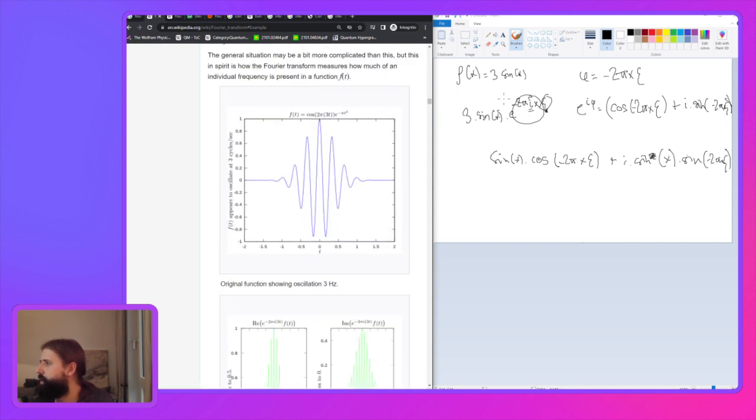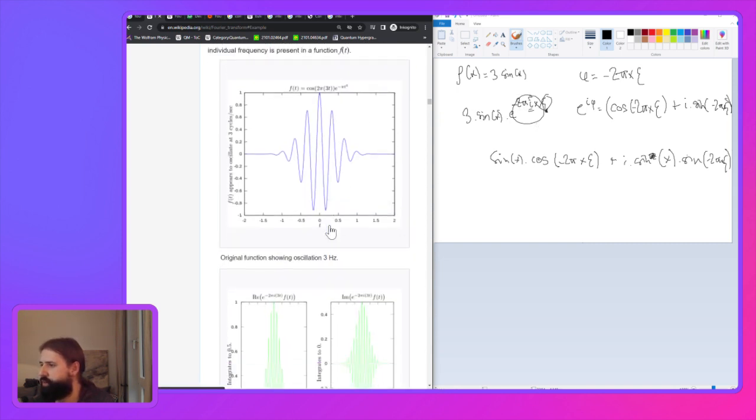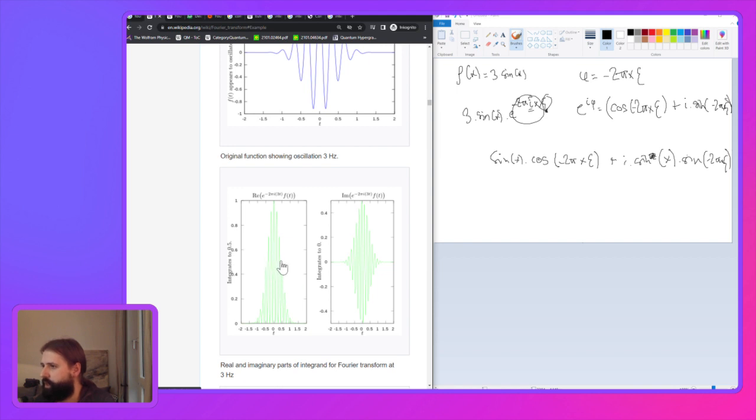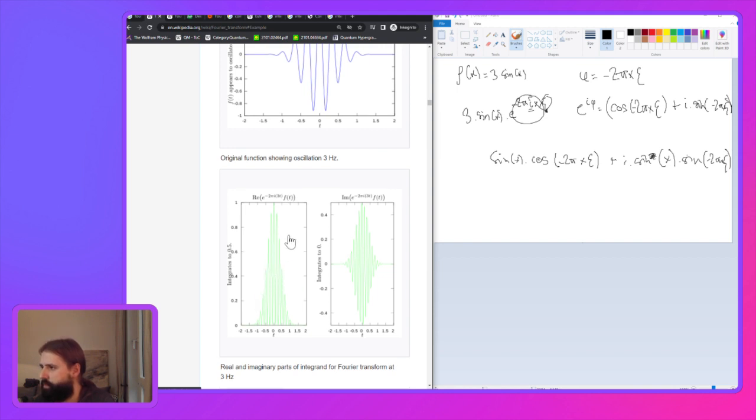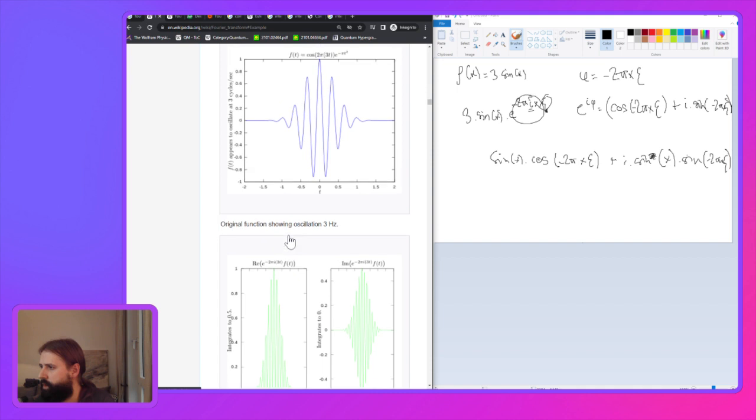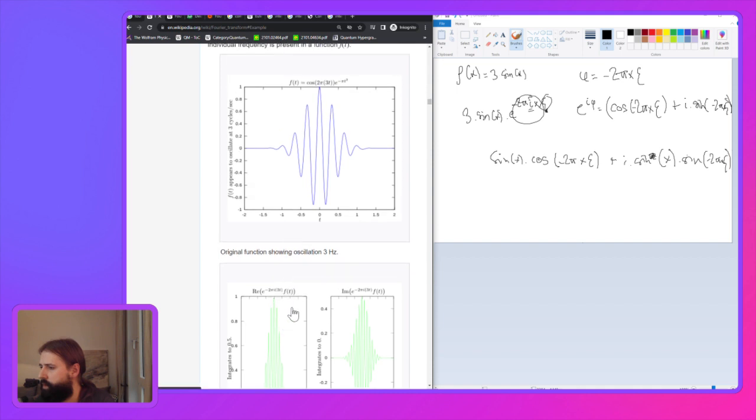And just forget about the complex part. We can just keep the real part, right? Just stay with the real part.